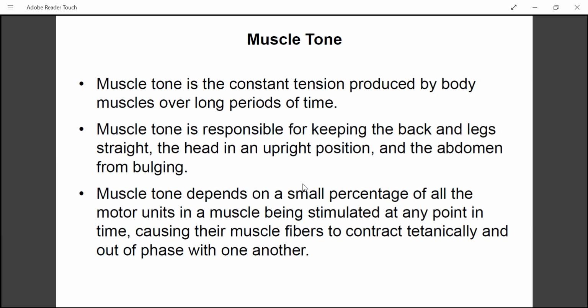You're going to activate a lot of your motor units and as much of the muscle as you can. If you're just going to shake someone's hand, you don't need to squeeze as hard as you can. You're only going to activate a few of the motor units and muscle fibers within that muscle. So for muscle tone in our resting posture, we're really only depending on a small percentage of our motor units.